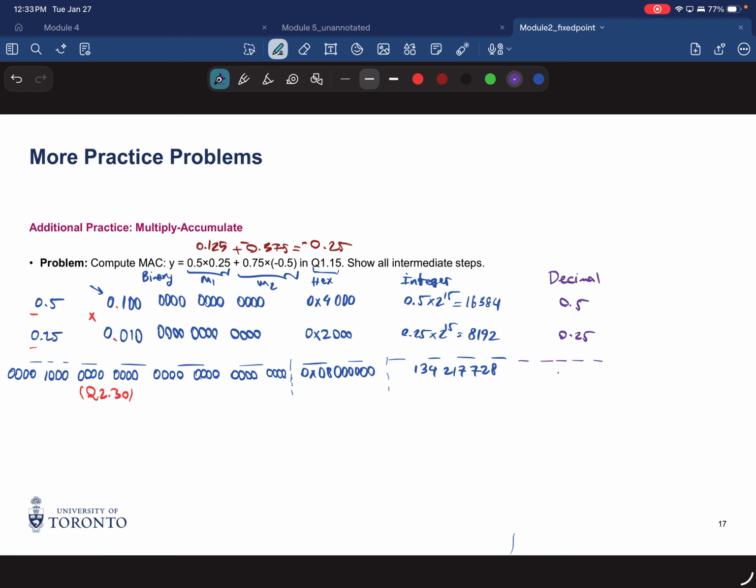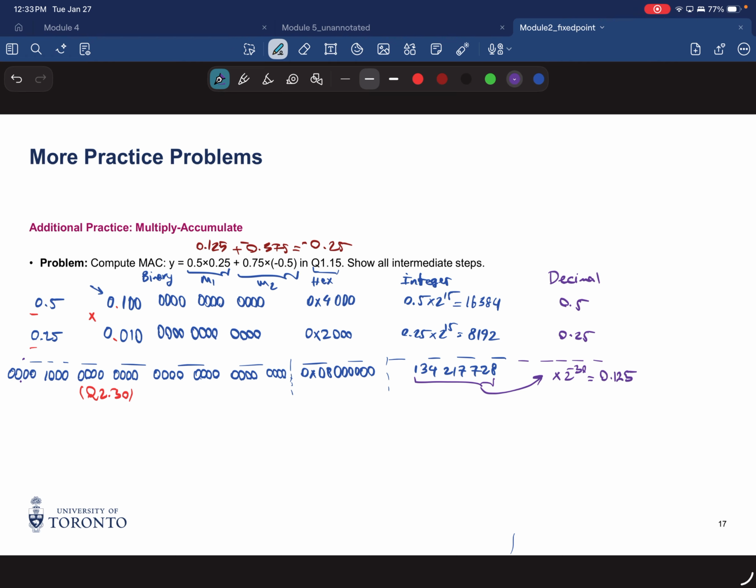Here, what is the decimal of this one? All I need to do is multiply this by 2 to the power of minus 30, which is going to be this one. Or another way is that I put the point here, right?